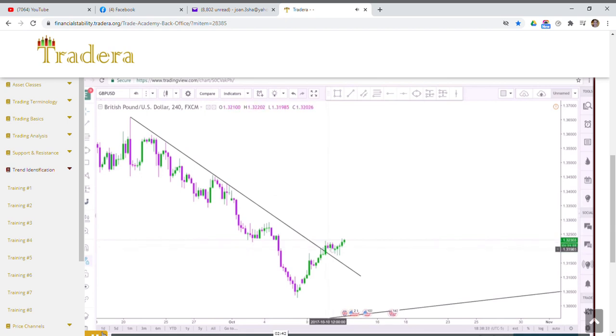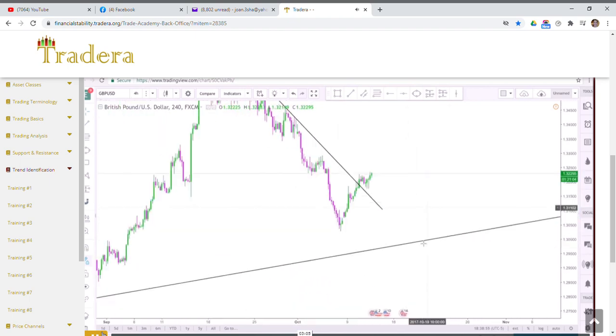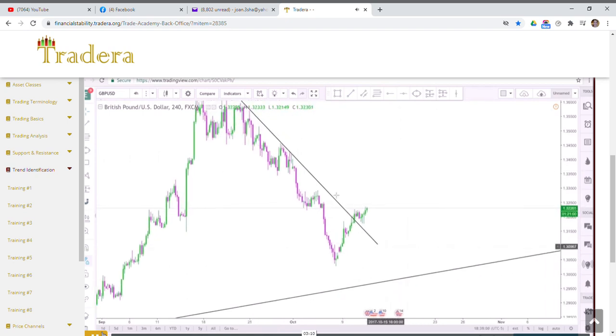You could take this, or you could wait for it to come back a little further and exhaust out. You can enter on any of these candlesticks, because as soon as price breaks to the other side of this trend line that's been holding it down, it's officially in buyer's territory. As long as you're on the other side of this trend line, you're in seller's territory, so you're not selling. Look at it like this: we have our daily trend line coming up, so we're in buyer's territory on the daily.